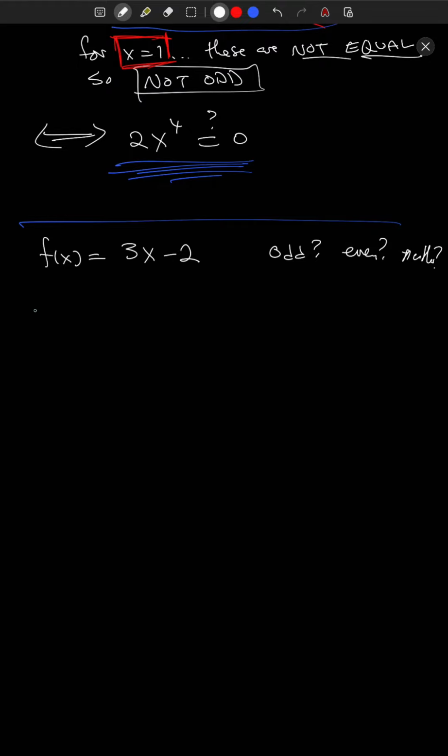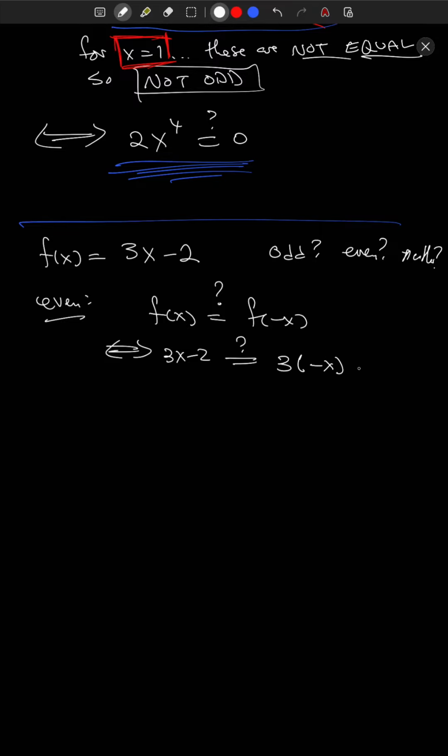So let's check even first. So the question is, is f of x equal to f of negative x always, for every single x? Well, that's the same as asking, is 3x minus 2 equal to 3 times negative x minus 2, for every input x.